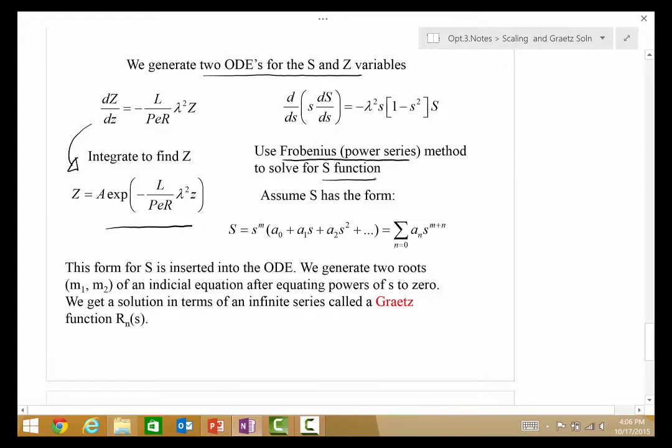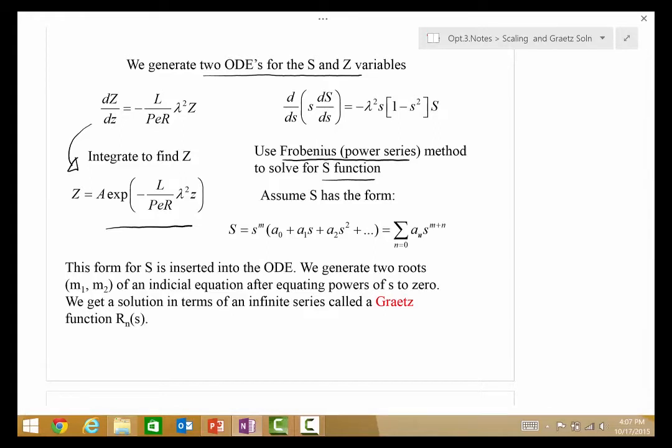That s function is actually in terms of a power series, in terms of the radial coordinate s, remember that s is equal to little r over capital R.